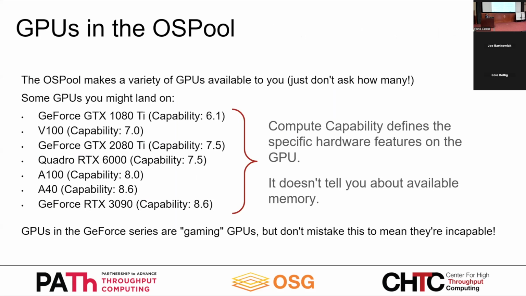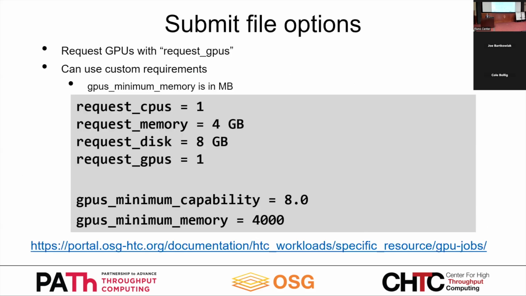All you really need to do to access one of these GPUs is you add one line in your submit file, and that line is request GPUs. So just request a GPU. We have some optional submit file options.